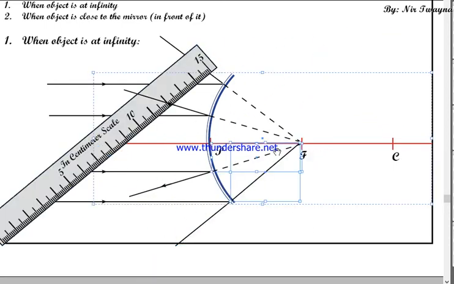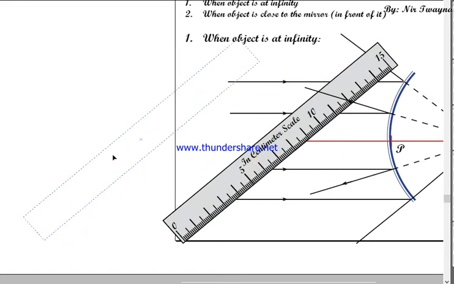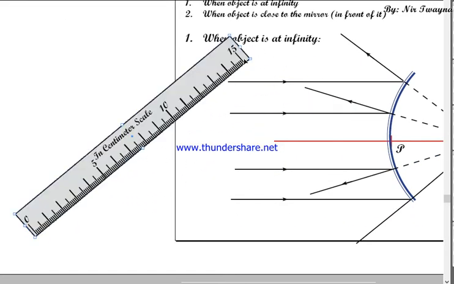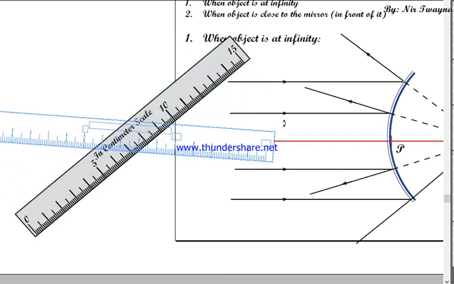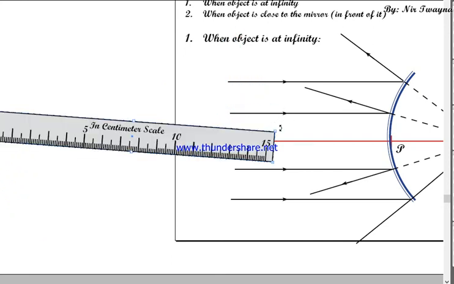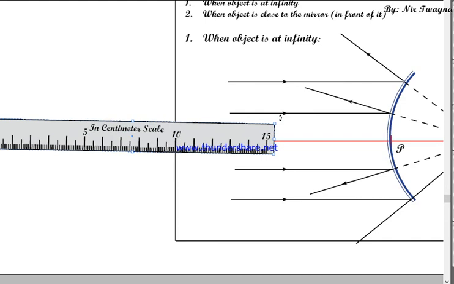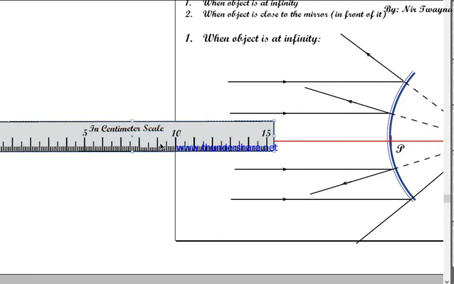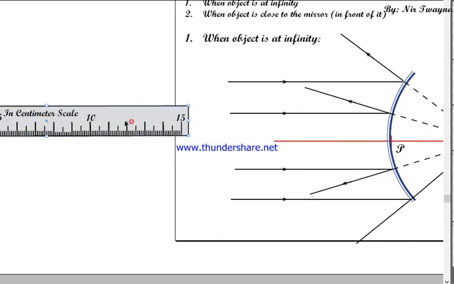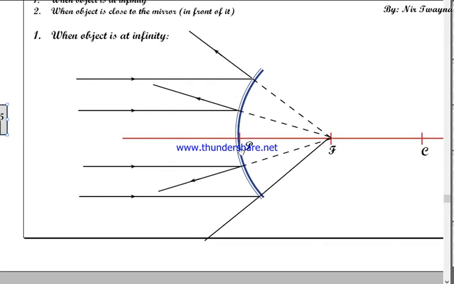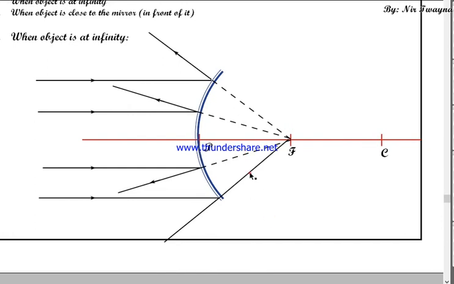Sorry, we need to put it aside. We don't need this scale anymore. Do we? Okay, we might need it later, but for now we are done.